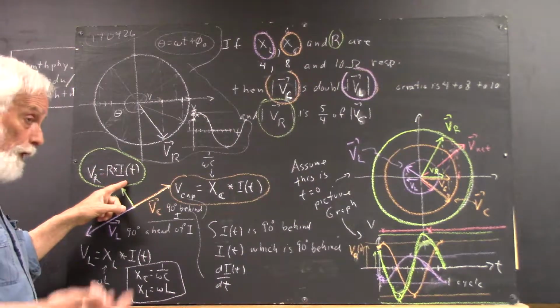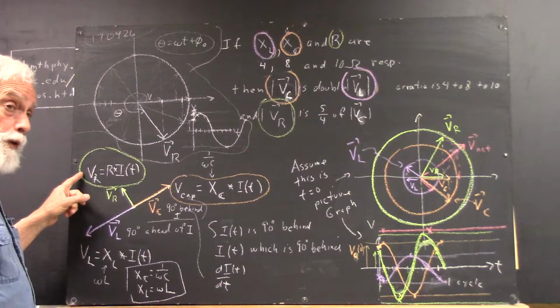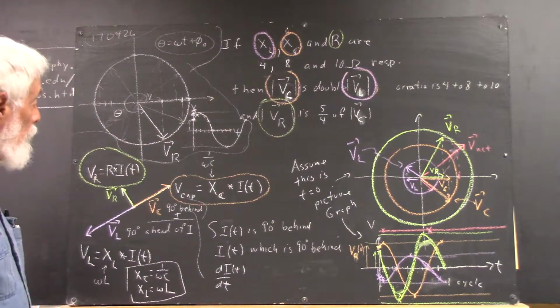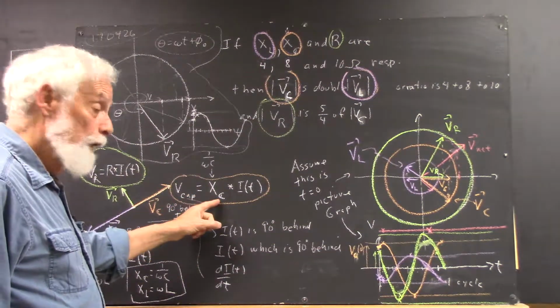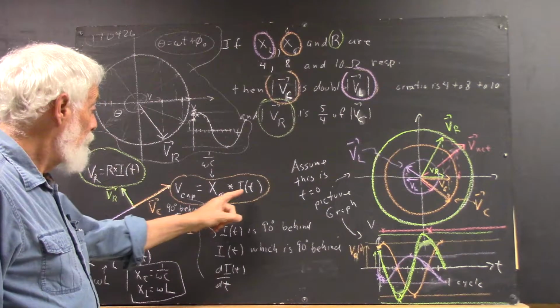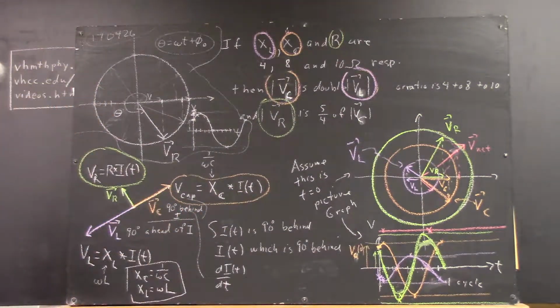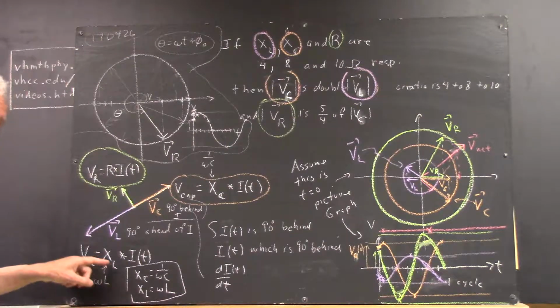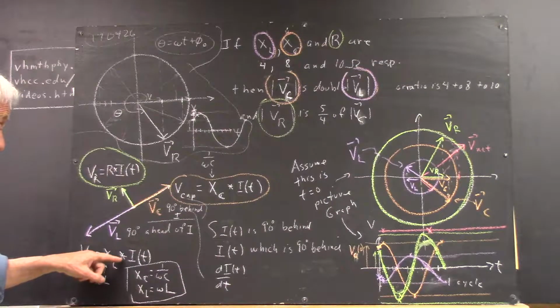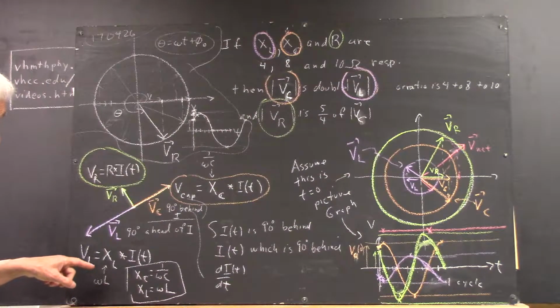We're very familiar with that. That's Ohm's law. It gives you the voltage across the resistor. Well, if you multiply capacitive reactance, X sub C, by the current, you get the voltage across the capacitor. If you multiply the inductive reactance, X sub L, times the current, you get the voltage drop across the inductor.